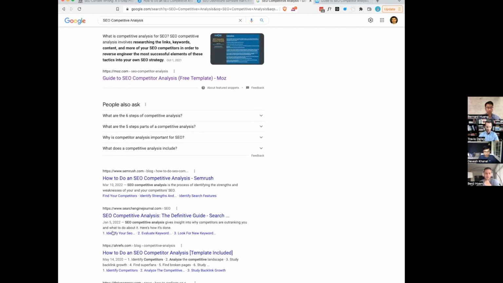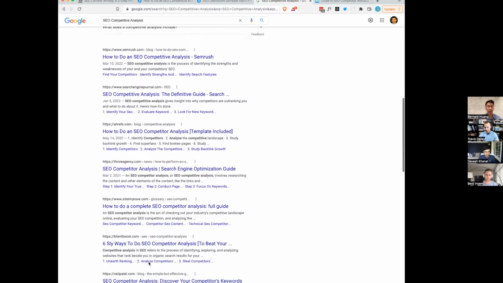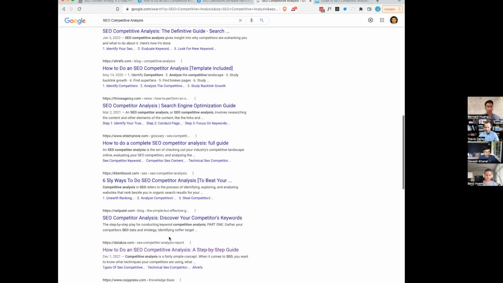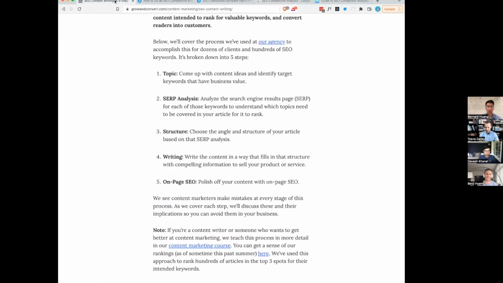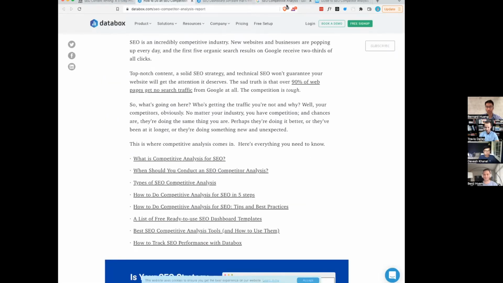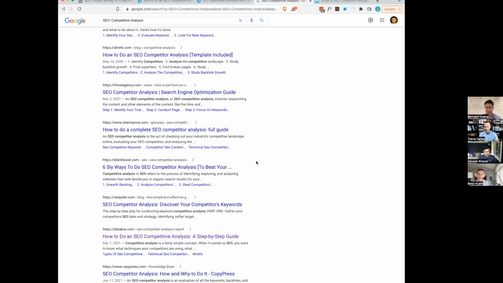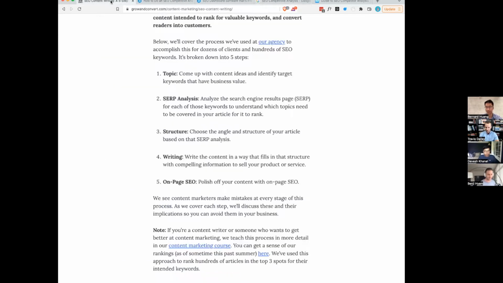It's even probably here, in these sublinks inside a result: identify your something, evaluate keywords, look for new keywords, identify, analyze, study, right? Every single one, or almost every single one, including theirs, has this. It looks like everyone's just copying one and slightly changing it into their own language.